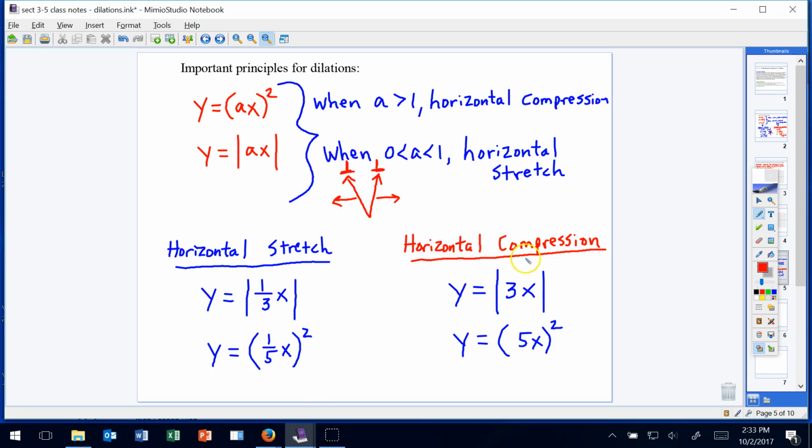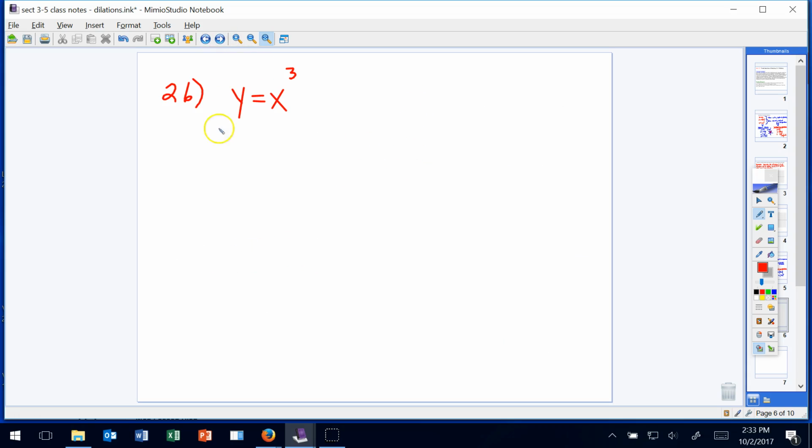And if we want to accomplish horizontal compression, then we have a number greater than 1 that will be inside grouping symbols. Well, this is a little bit tricky because we're showing horizontal stretch as a number between 0 and 1, but this says to do horizontal stretch by a factor of 4.